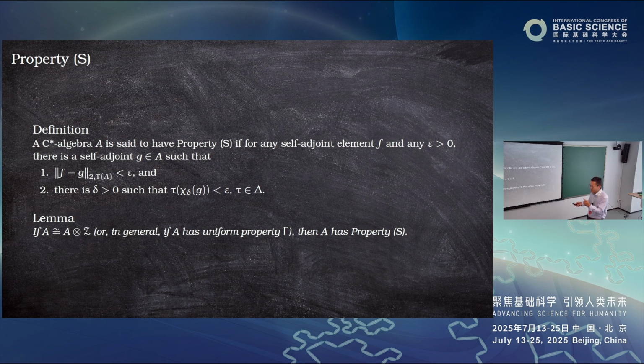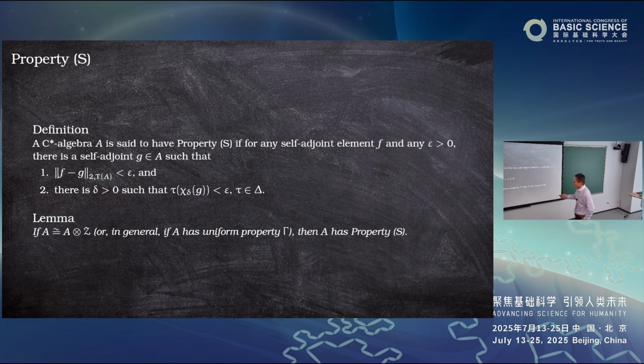Except one thing is missing: this property just talks about the approximating element g being in A rather than in C(X). You start with something in C(X), but if you only use this property, you end up with something in A, not in C(X). That is actually a very big problem, and all the work is about overcoming this.